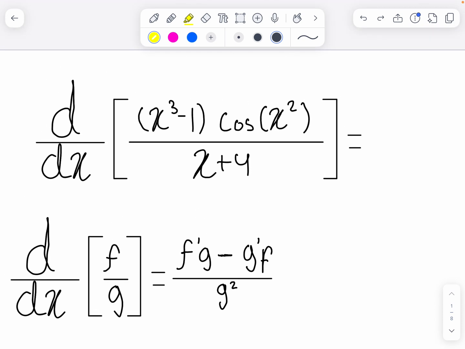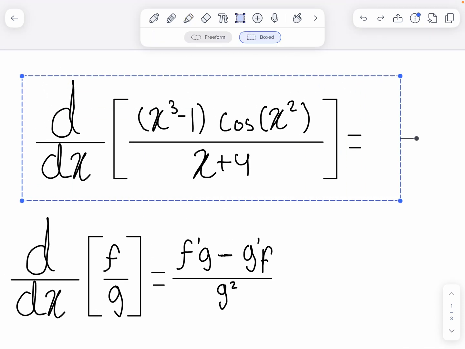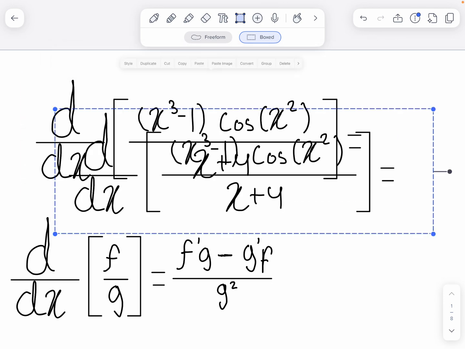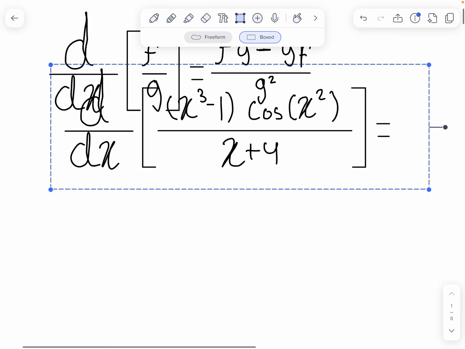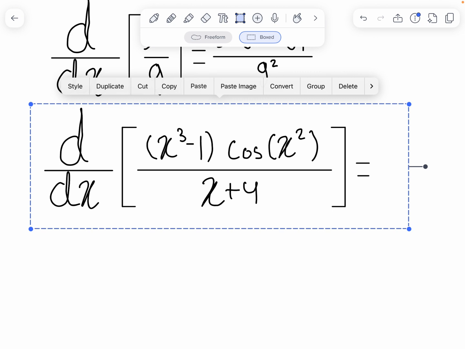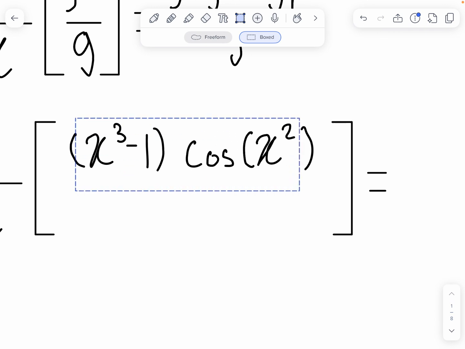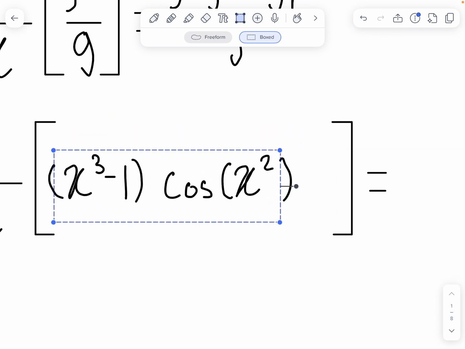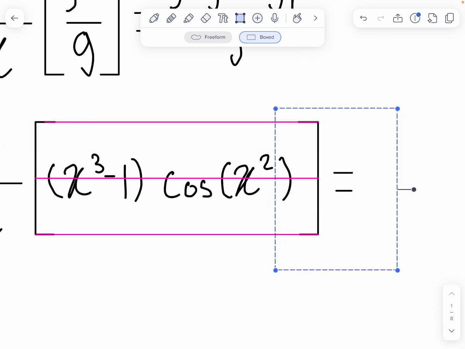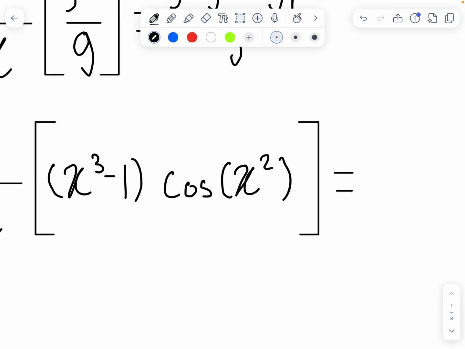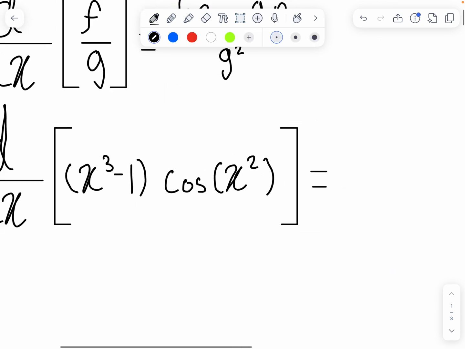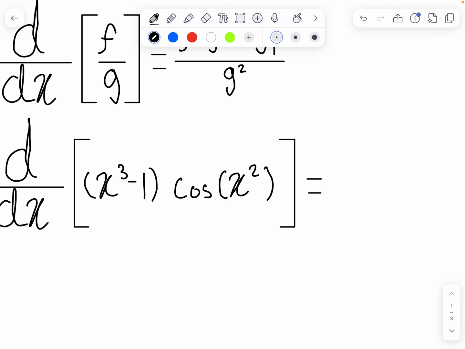So yeah, let's do that. Okay, so for the numerator, we have to use the product rule and the chain rule. So let's get started.